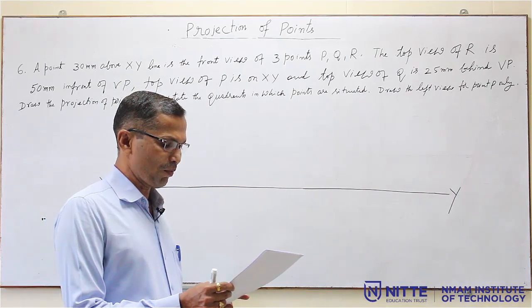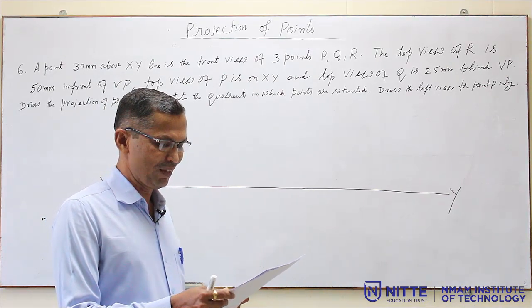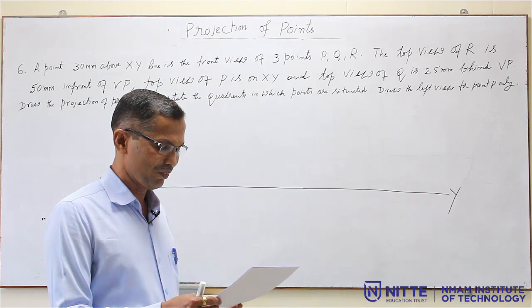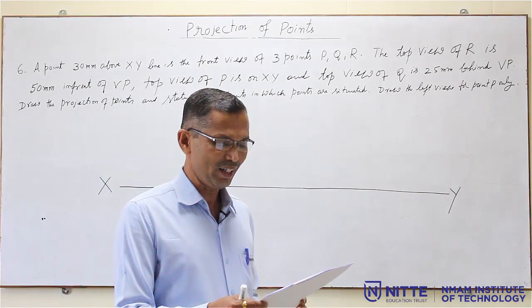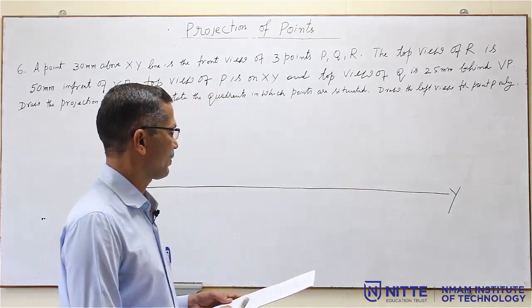Draw the projections of the points and state the quadrants in which the points are situated, and also draw the left view for the point P only.